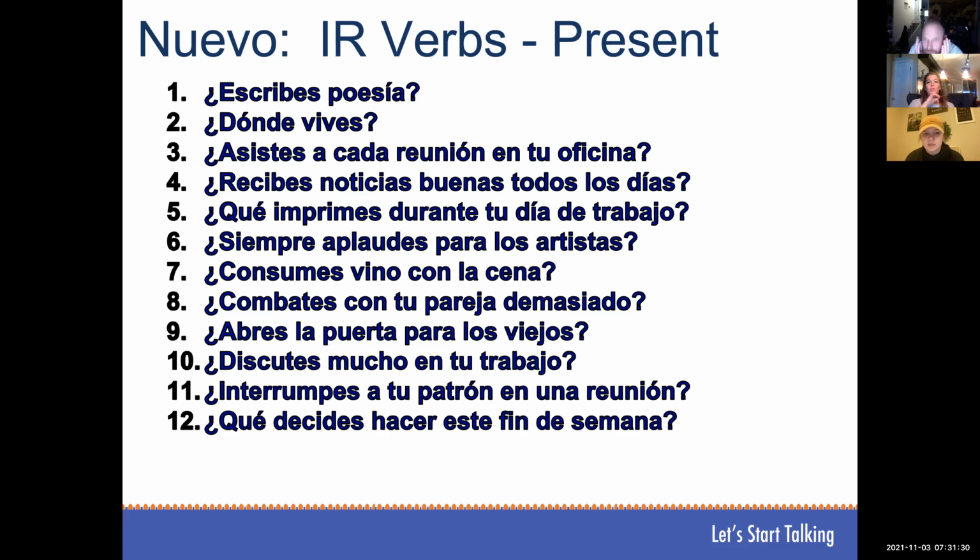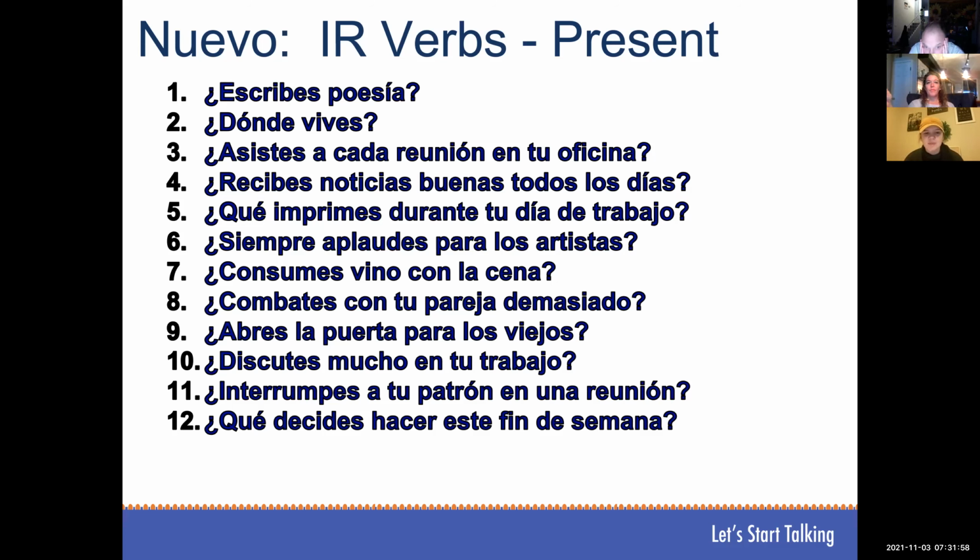No recibo noticias buenas todos los días. ¿Qué imprimes durante tu día de trabajo? No imprimo durante mi día de trabajo. Yeah, no imprimo nada. No imprimo nada durante mi día de trabajo.